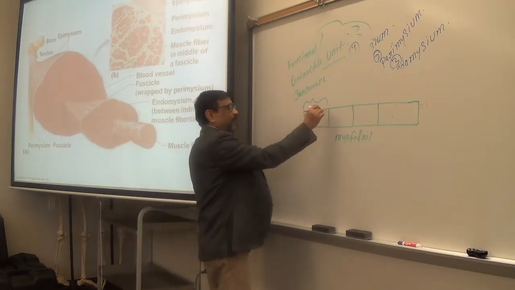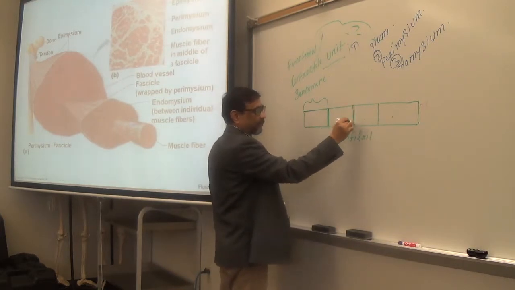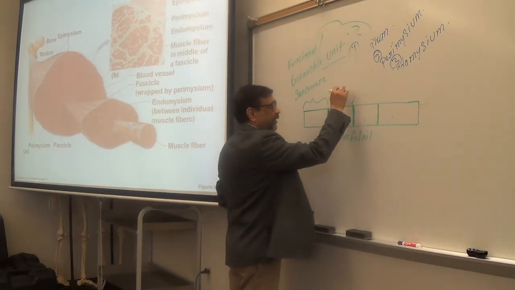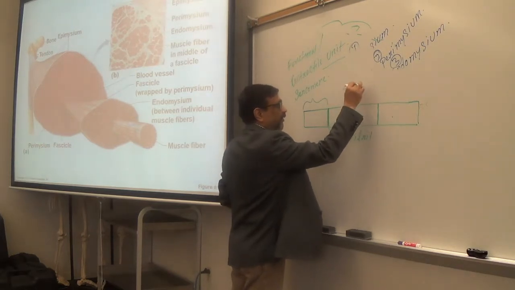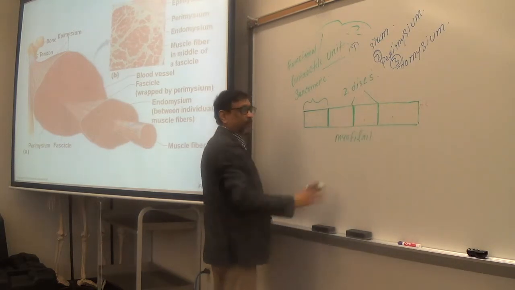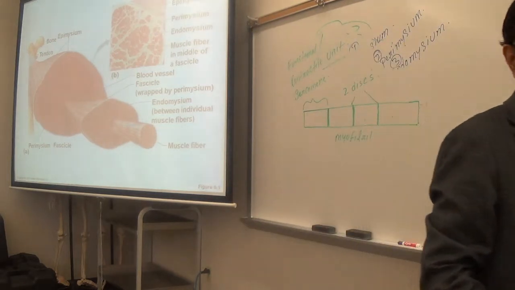Now, the sarcomeres are separated by these discs, and these are called Z discs. So a sarcomere is between two Z discs.